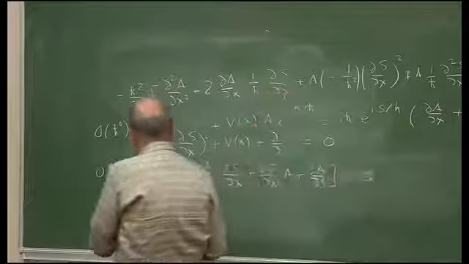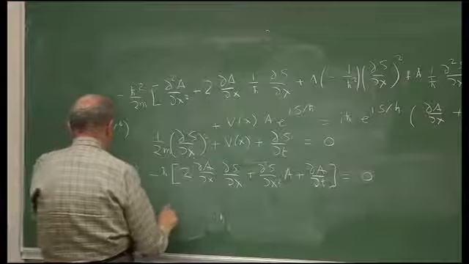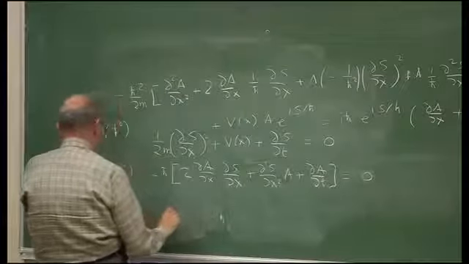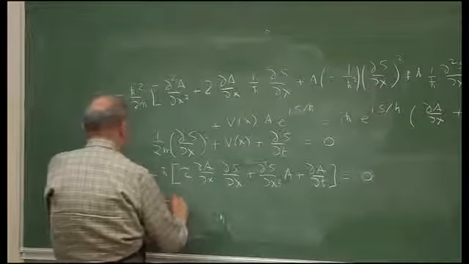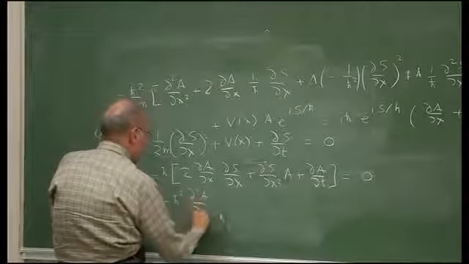Then order h bar squared, which will be something like minus h bar squared d squared A by dx squared.